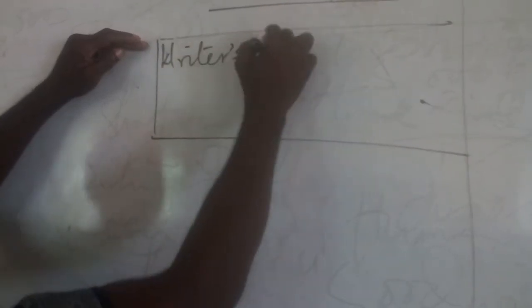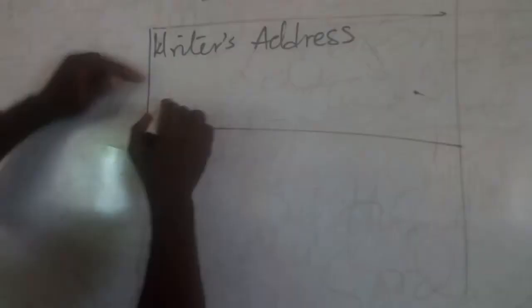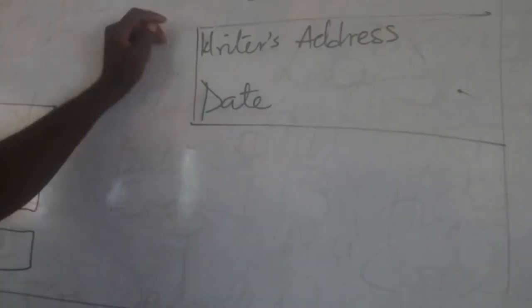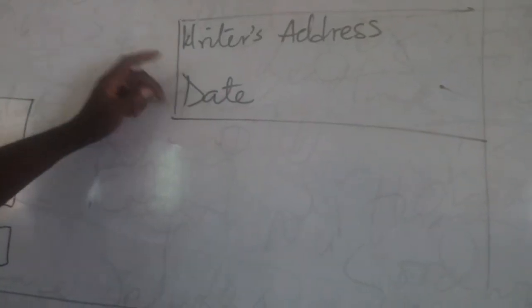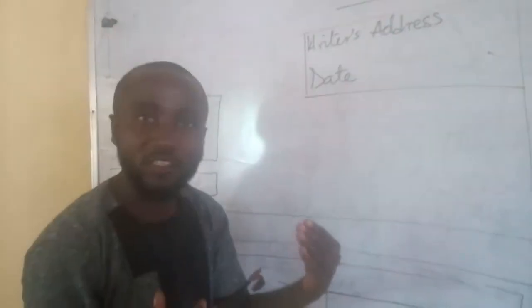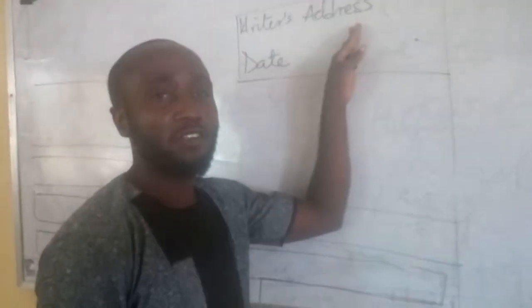So here we have what? The writer's address, and the date. We all know how to write our addresses now. Worst case, you can write the school's address.